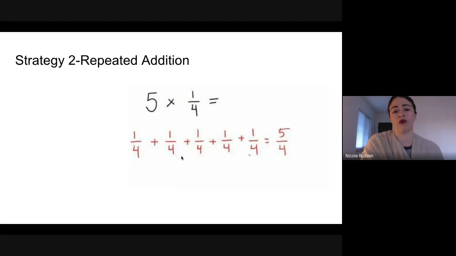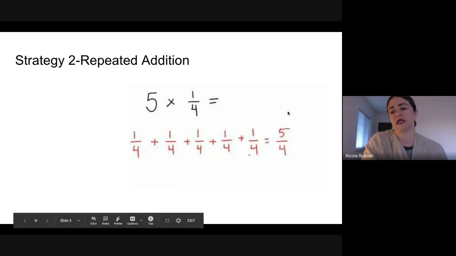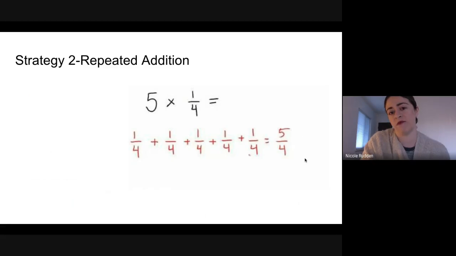So 1/4 plus 1/4 and continuing on, and then using your fabulous strategies of adding fractions and seeing that this is an improper fraction. I believe that IXL will accept this, or you can turn this into a mixed number, or sometimes a whole number will be your answer, okay?